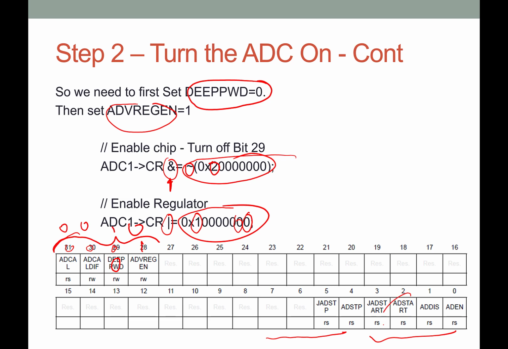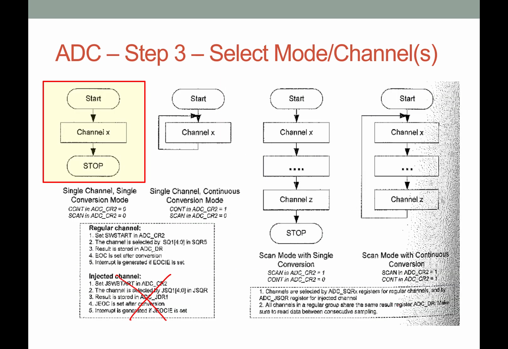So here, that's this AD start. We're going to set the start of the conversion in the control register, and then we have to have the channel selected in the sequence register. That's what's right here. And once it's done, the result will be stored in the data register. And how do we know it's done? The end of conversion flag will be set after conversion.